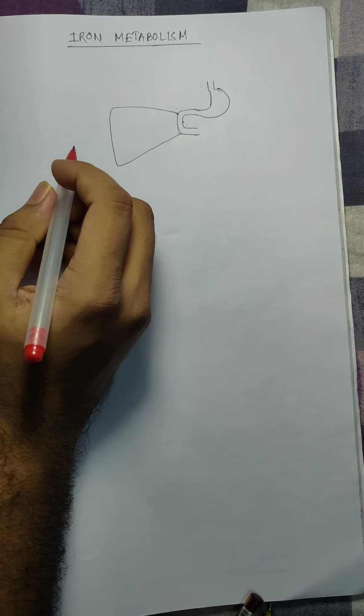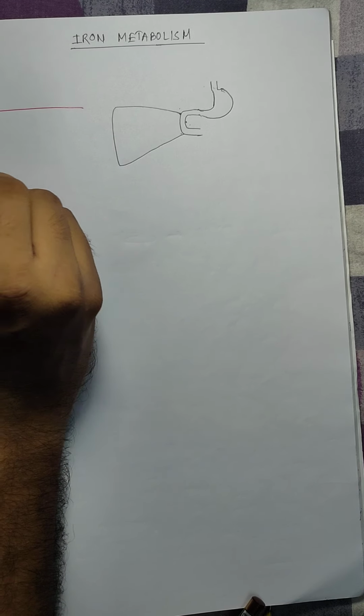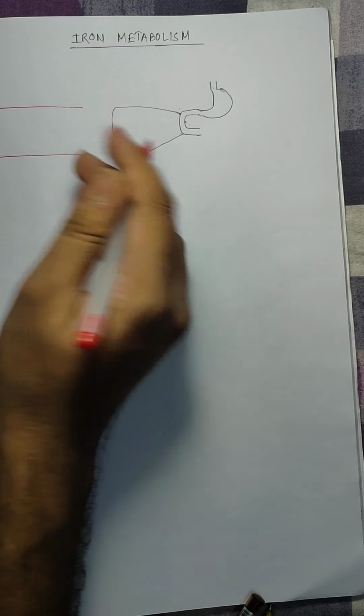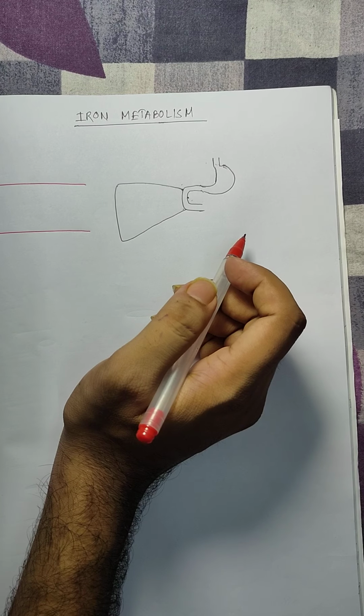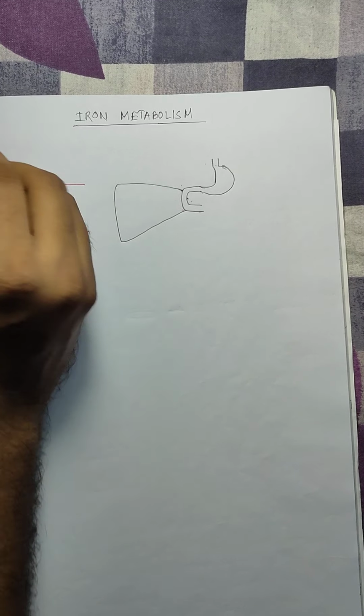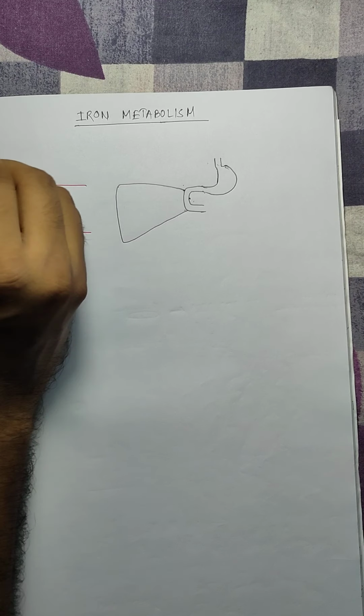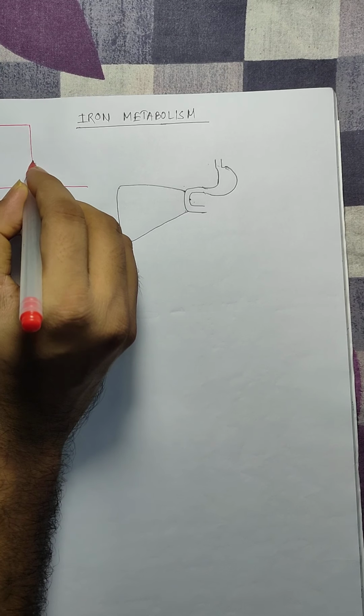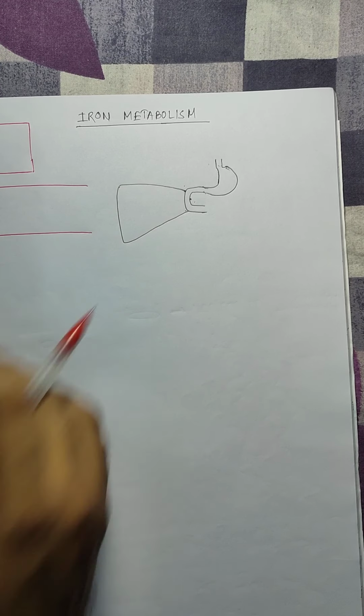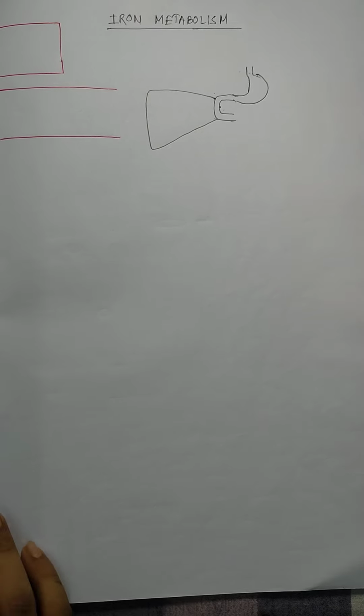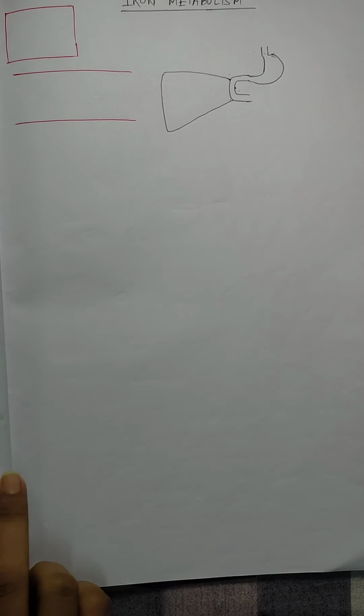Okay, so this is the enterocyte and this is the blood vessels, and this is the bone marrow.